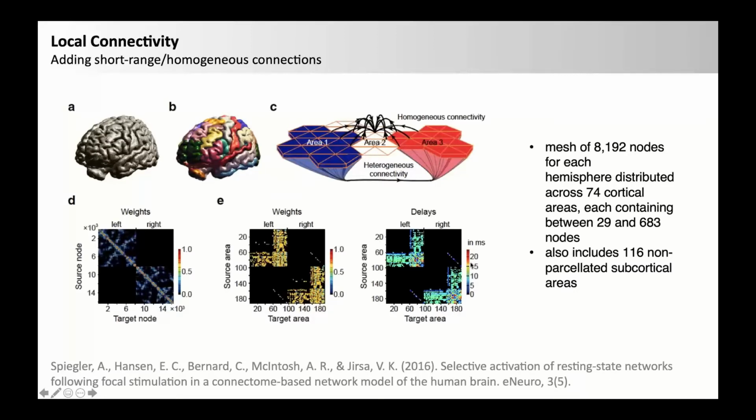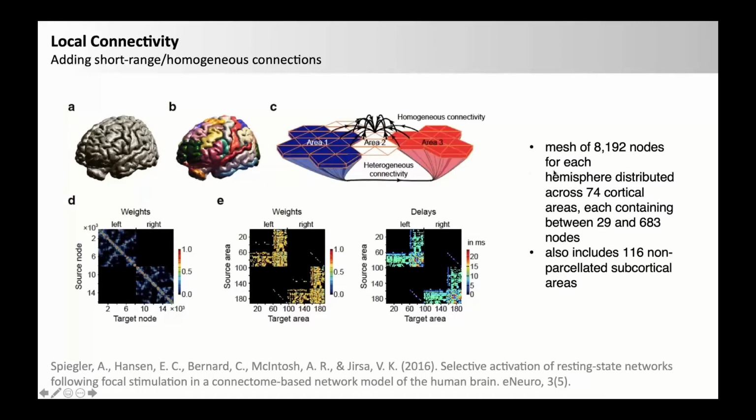So let me show you this first study that applied The Virtual Brain and surface-based simulations and stimulation, by a former colleague of ours. And he put in, of course, everything that we know: parcellation, connectivity, delays, track length, and then also the local connectivity.